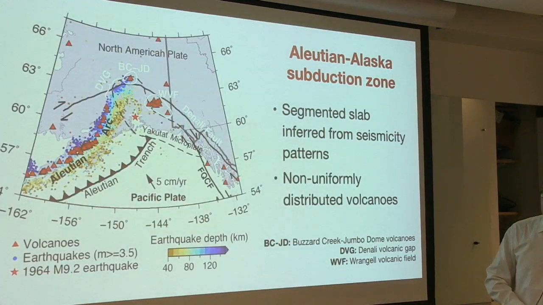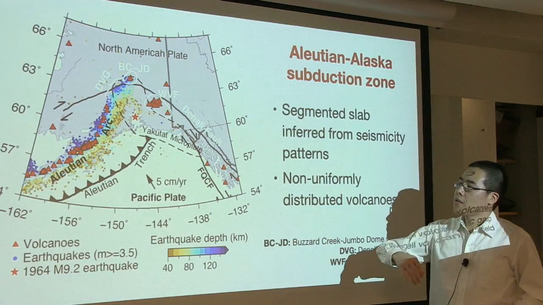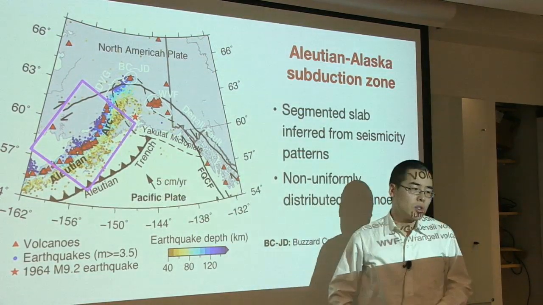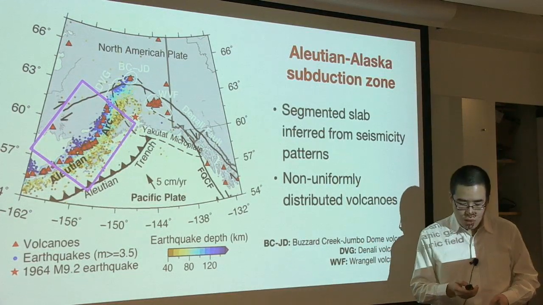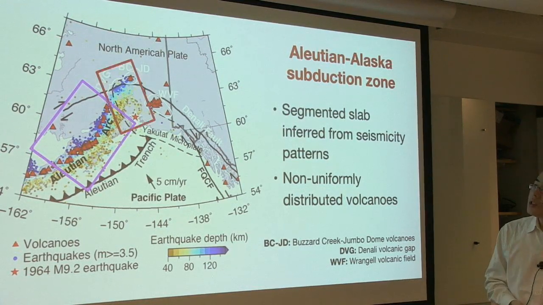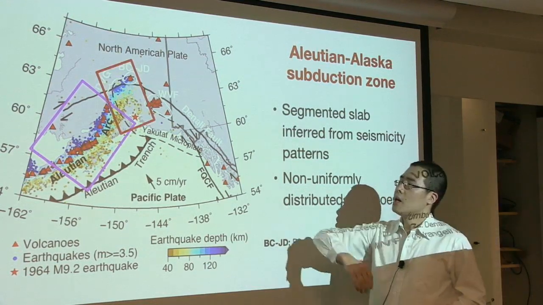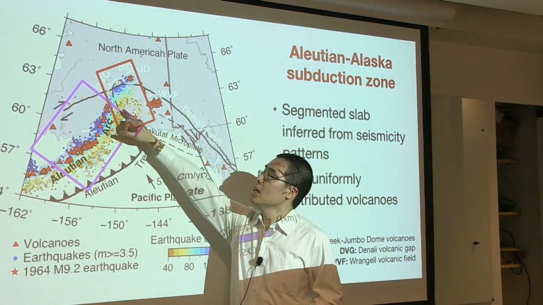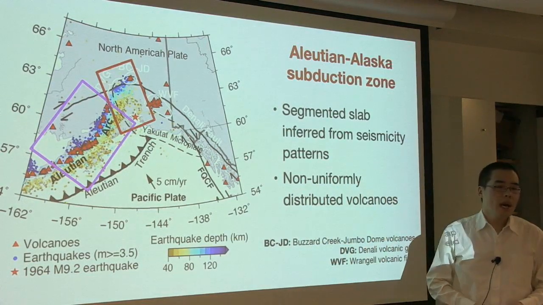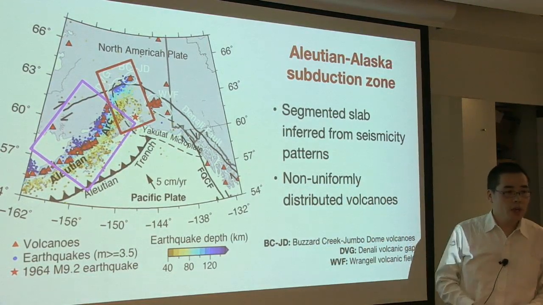This informs the volcano distribution, where we have a lot of different volcanoes. Here we have the Aleutian volcanic arc, where we have a lot of volcanoes distributed in a linear pattern. But to the central part, we have a volcanic gap. This is still along the Aleutian arc, but it does not have volcanoes.